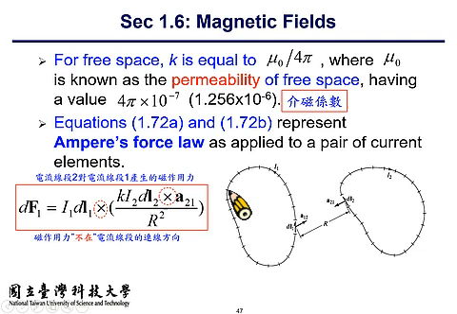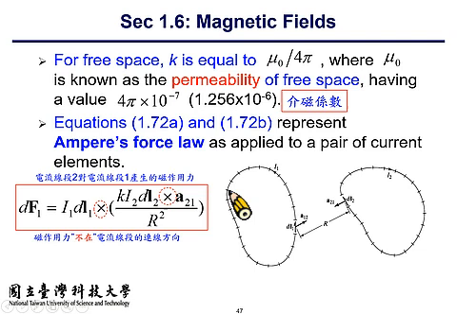And the value of that is 4 pi times 10 to the minus 7, or 1.256 times 10 to the minus 6, which is, as the number suggests, a small number. All right, so next let's look at Ampere's first law.